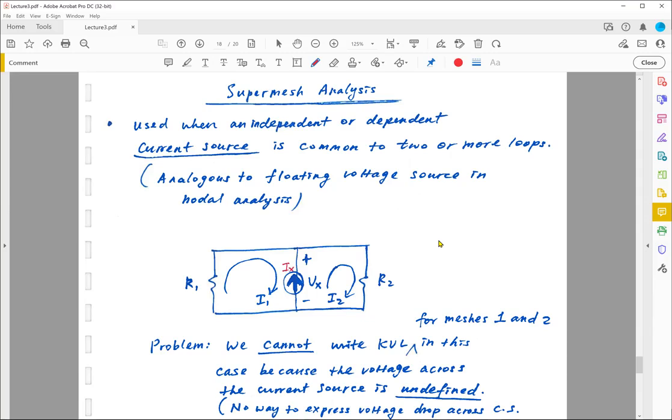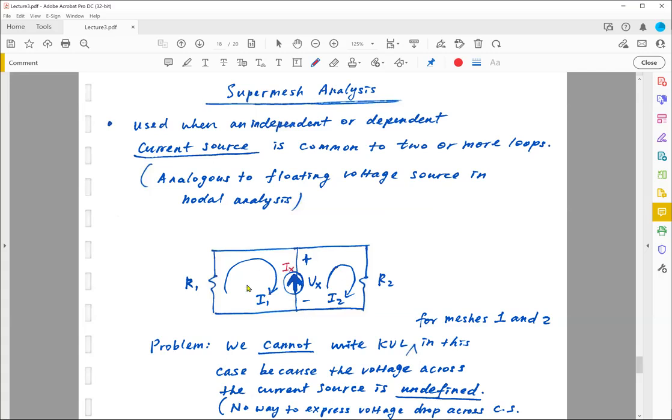But if there's no way for you to define the voltage across a certain element, and that element is this current source, then you're not going to be able to complete your KVL equation, because KVL relies on your voltages around your loop.